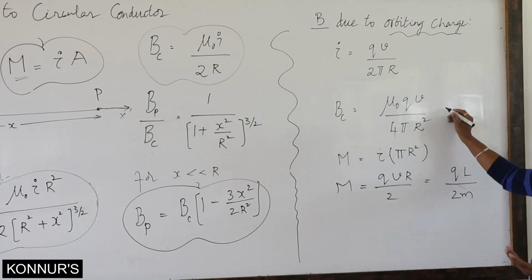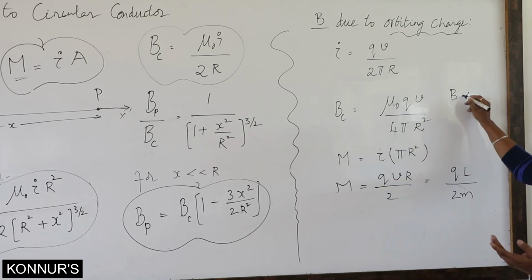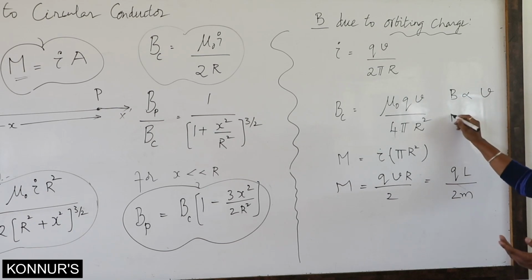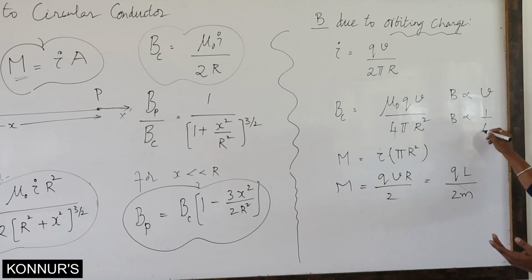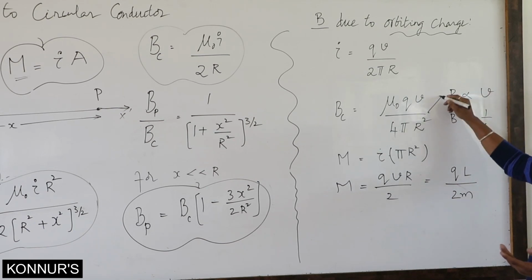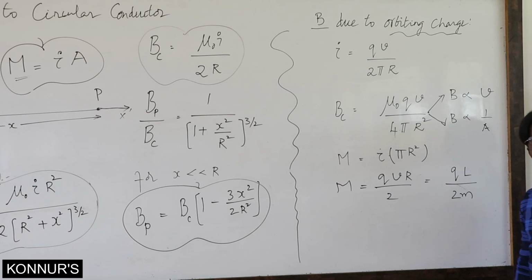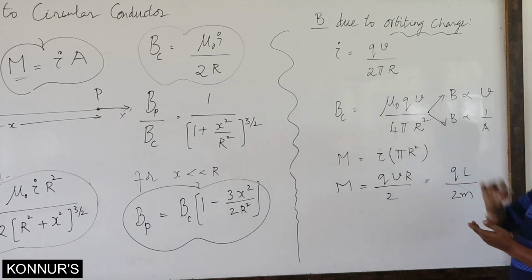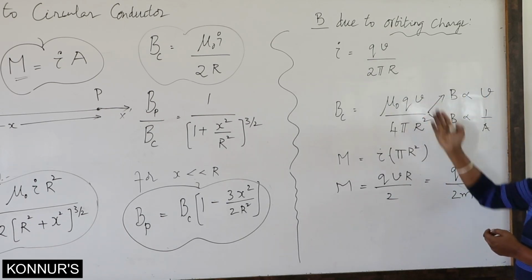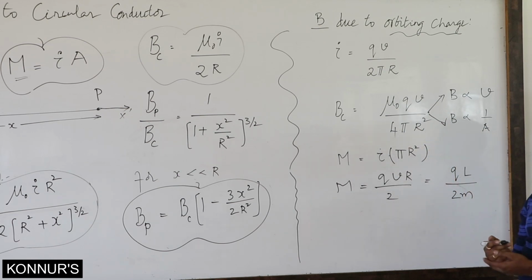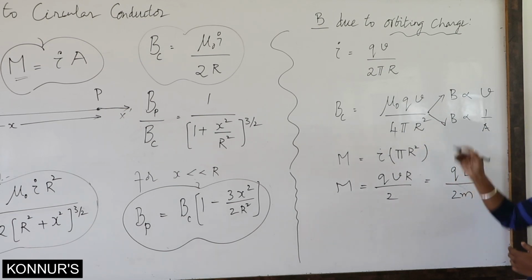One more time you will see the different results: B proportional to v, B proportional to 1 by A. From this expression you can deduce them. This allows comparison of inductions by different charged particles due to orbital motion, with different velocities, different sizes, different radii or different areas of the orbit and all.